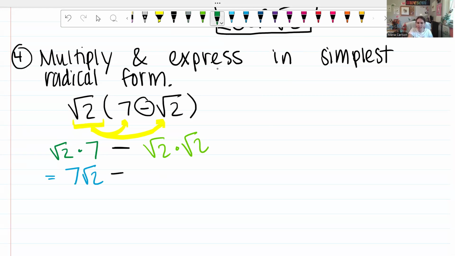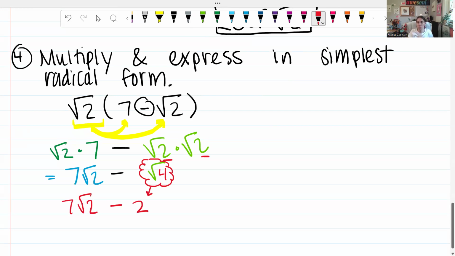If we follow the steps of multiplying radicals, we would multiply 2 times 2 to get the square root of 4. And we recognize that the square root of 4 is 2. So I have 7 square root of 2 minus 2 as just a whole number.